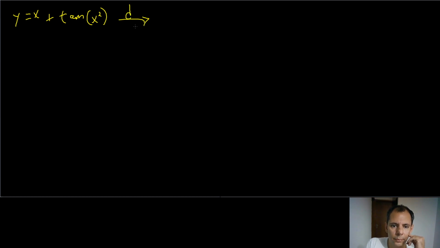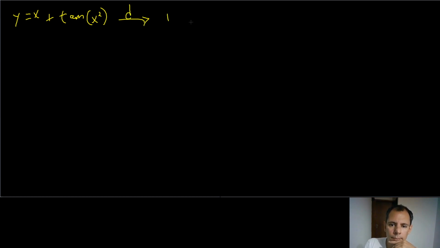Another example, let's see. Y equals x plus the tangent of x squared. It's not the tangent squared of x, it's the tangent of x squared. Okay, so differentiate this stuff.